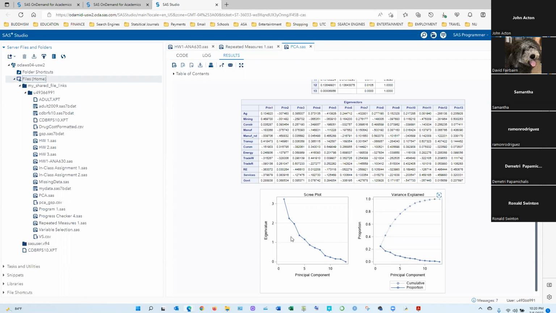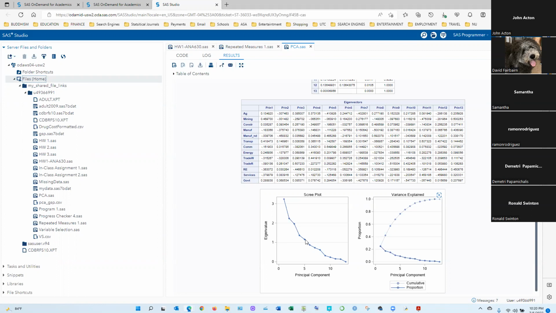Based on the number of eigenvalues, we keep that many principal components. That's another way, but in this example, I don't see that kind of leveling off clearly. It's not going to be consistent with the other criterion, which says anything greater than 1 will be kept.